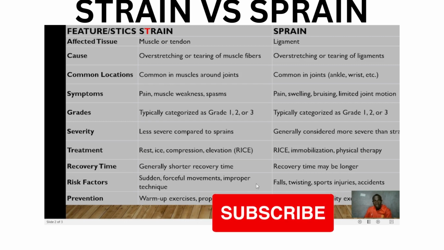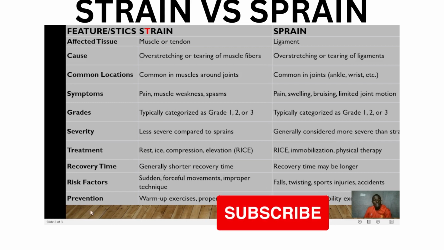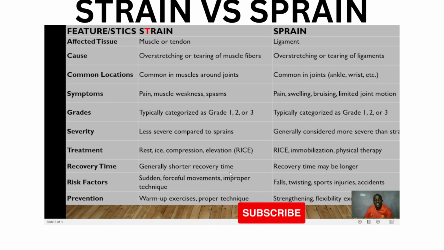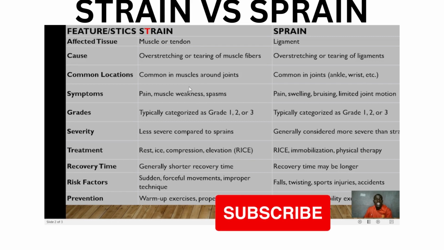But for the sprain, the strengthening and flexibility exercise will help prevent it. So those are the 10 differences between a strain affecting the tendons or muscles and a sprain affecting the ligament. Remember, all of them are connective tissue components.